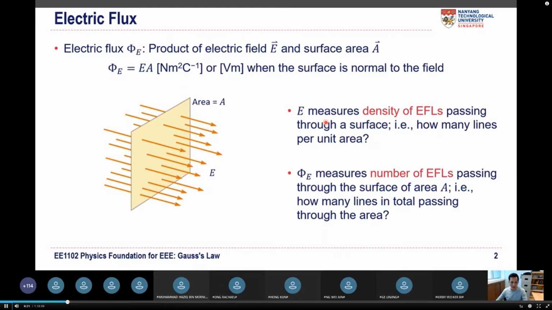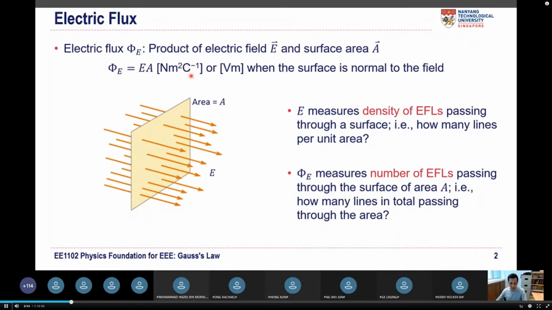Electric field, as we've seen before, is measured in newtons per coulomb, because this is how much force would be acting on a particle of unit charge. But because we are multiplying it by area, the unit of the flux will be newton meter squared per coulomb, the meter squared coming from the surface area.